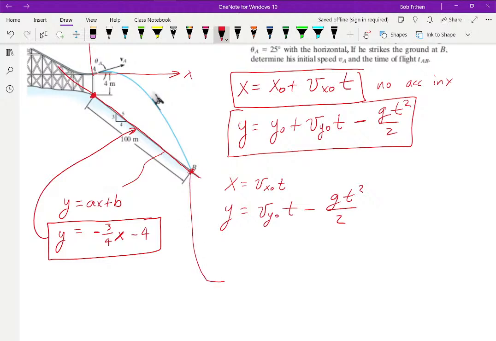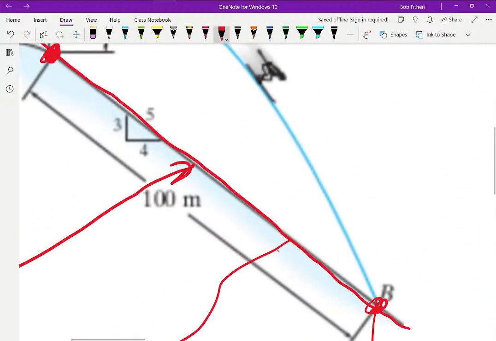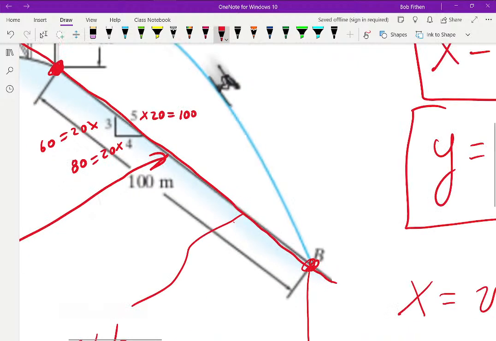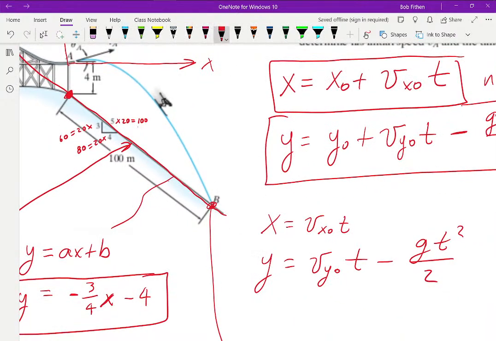So if I look at this, what is x at point B? Think about it like this. Times 20 is equal to, okay. So what I did is I turned this to match that.